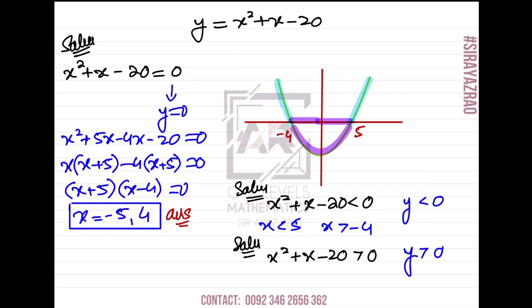So at what values of x? Sir, x is greater than 4, x is less than minus 5. At these values, y is greater than 0. So I'm going to write x is greater than 4, x is less than minus 5. This is the answer for the inequality. These are the range of values of x when y is greater than 0.